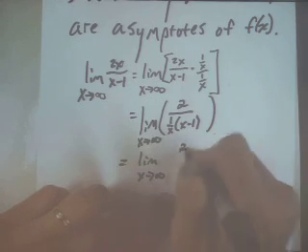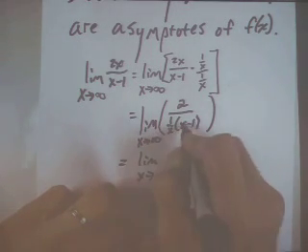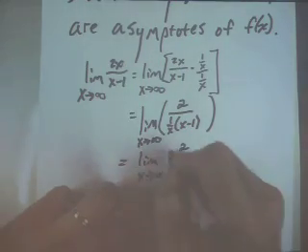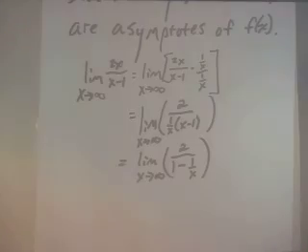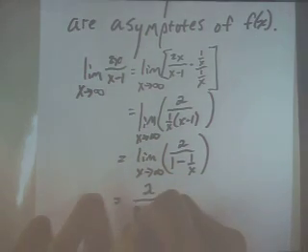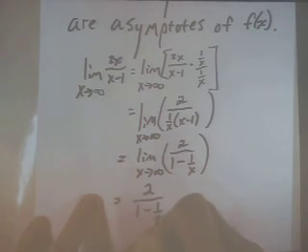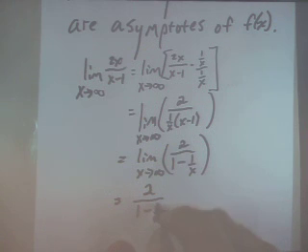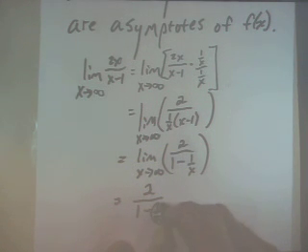And we get 2 over 1 over x times x is just 1, minus 1 times 1 over x is 1 over x. Now we will directly substitute in the infinity. We get 2 over 1 minus 1 over infinity. But remember, we talked about the limit of the reciprocal function as it goes out to infinity.